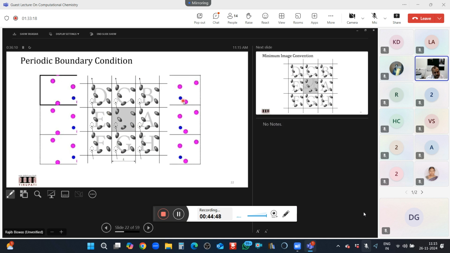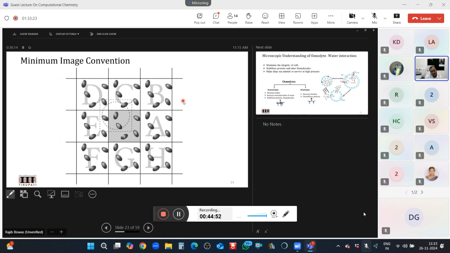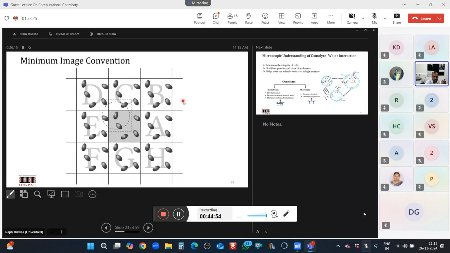So this is the smartest assumption people have made, periodic boundary conditions, and then to take into account the potential energy contribution in a proper way, there is another thing known as the minimum image convention. You construct the minimum image out of all these periodic images, and then you take into account potential energy and kinetic energy. So this is just the introduction and brief foundations.